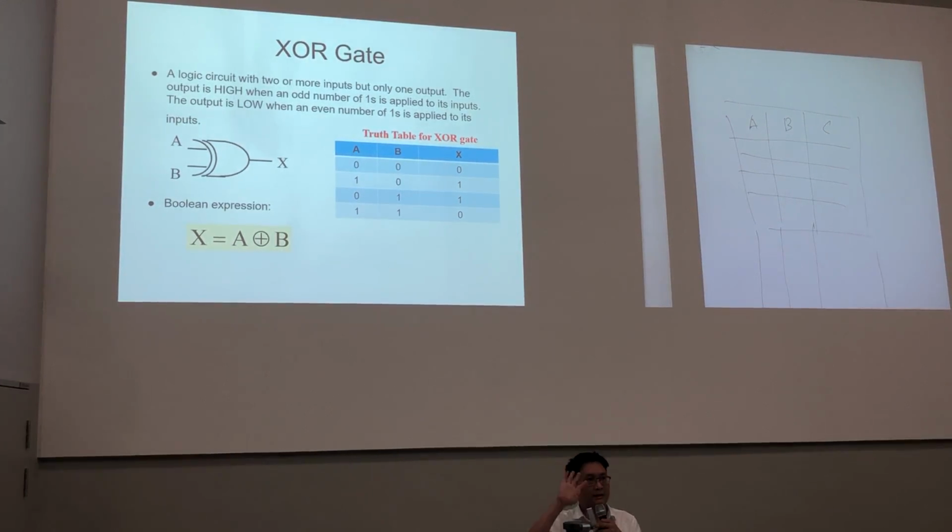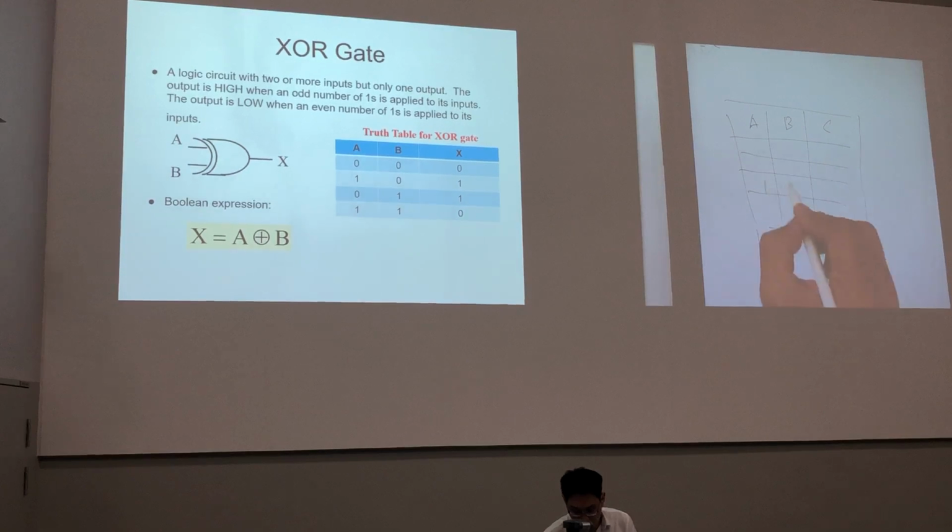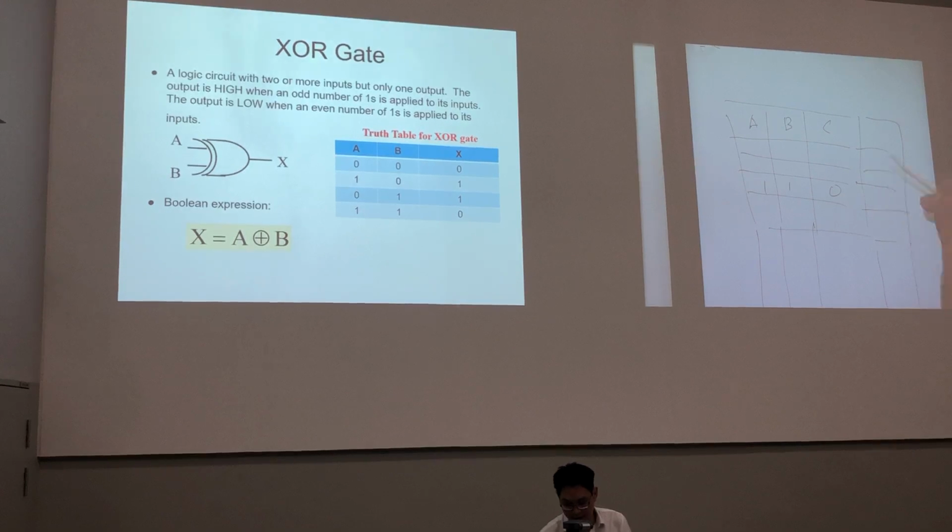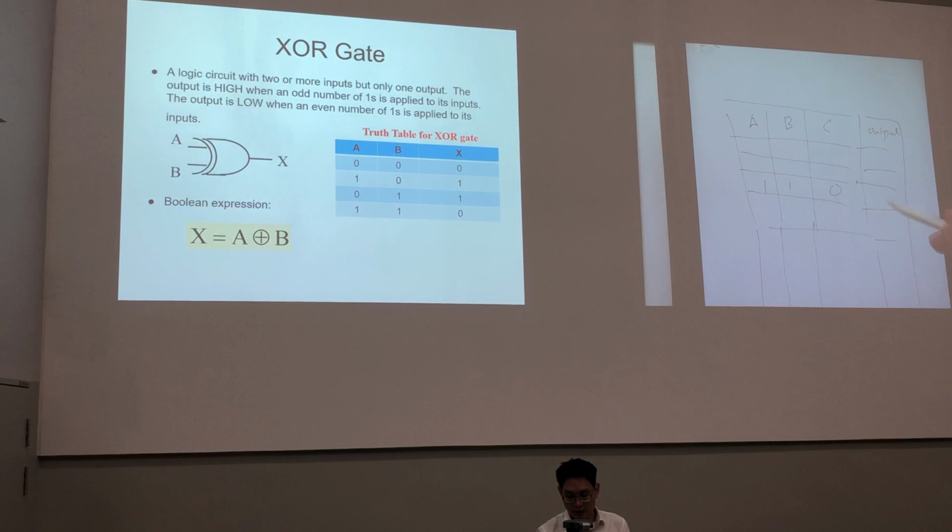Let's say I just simply get one example, 1, 1, 0. What is the output here? How do you know, for this row itself? Let's say this one is my output. I got 1, 1, 0. If I have 1, 1, 0, what is the output here? If it's an XOR gate, 0, right?